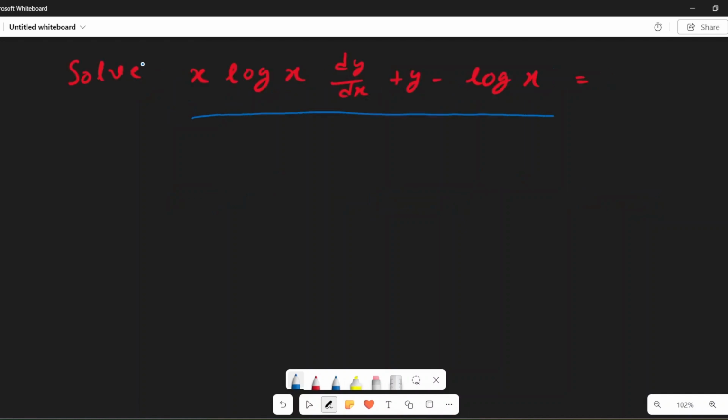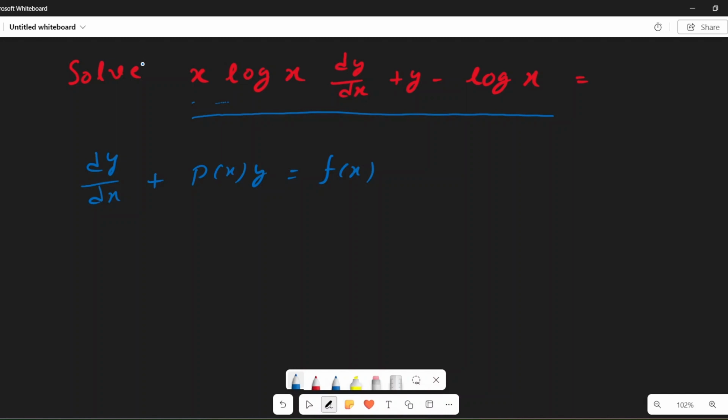To solve the differential equation, first we make it into our standard differential form, that is dy/dx plus p(x) y is equal to f(x). We have to convert this differential equation into the standard form. How can I do that?